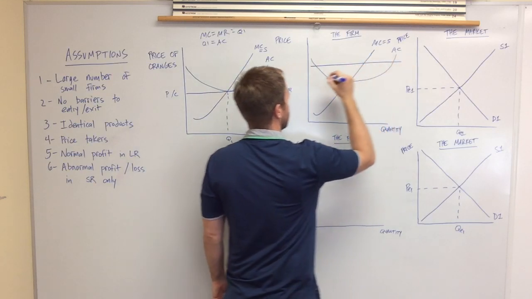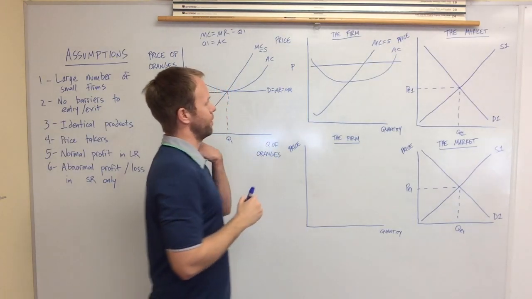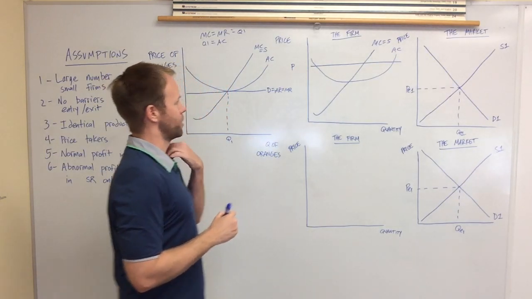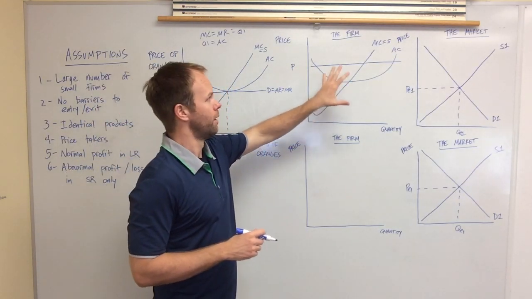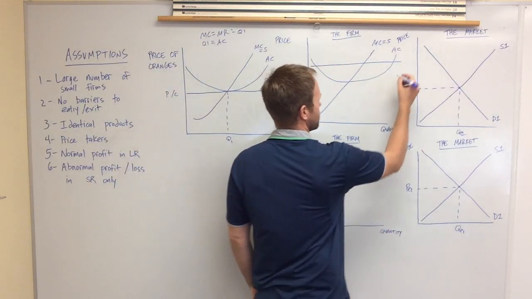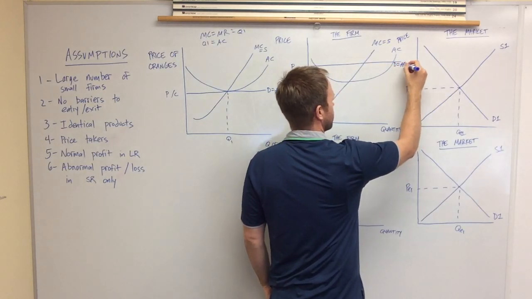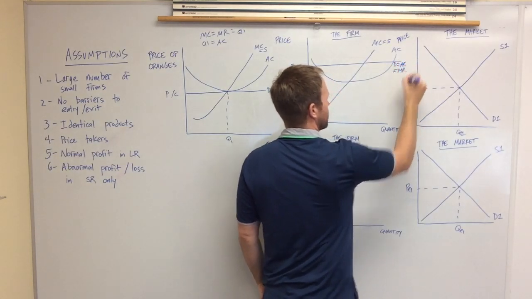For whatever reason, the market price is high. That is the price of the market there, of which this individual business doesn't have any control. So again, this is the demand curve. That is equal to the average revenue curve. Same idea as the marginal revenue curve.